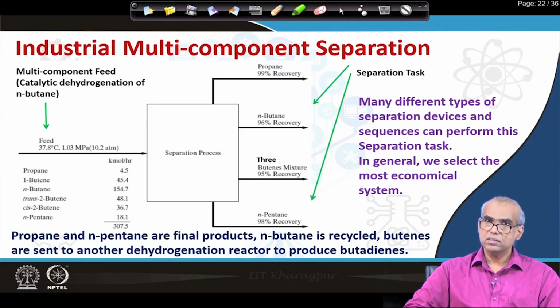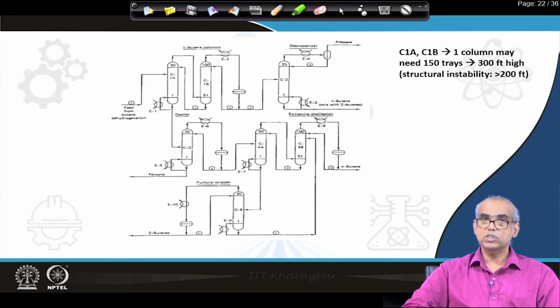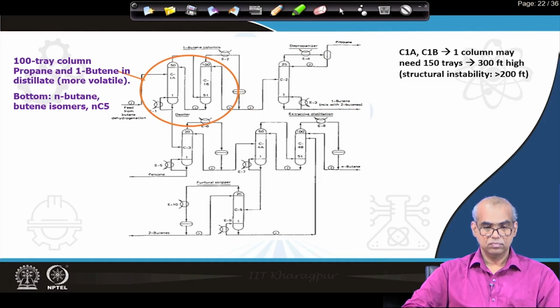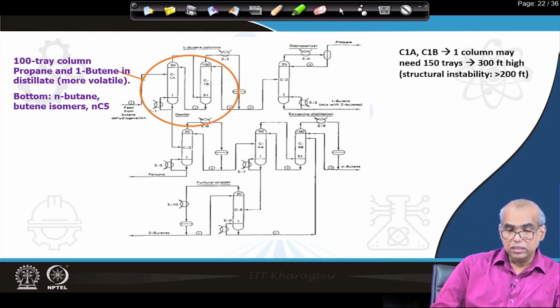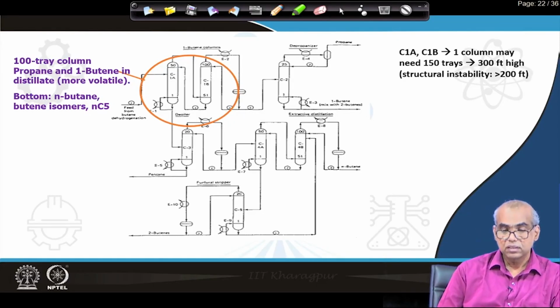Now, let us consider one separation train or separation sequence which consists of several distillation columns. Now, the feed enters this combination of 2 distillation columns C1A, C1B.